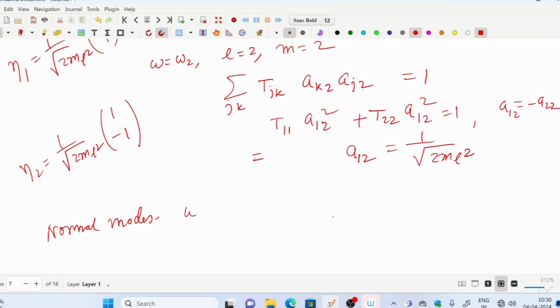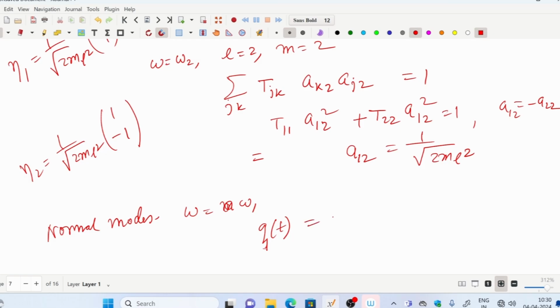So for omega equal to omega 1, we find the solution q1(t). So let us write q1 in this case. This one is different from earlier.